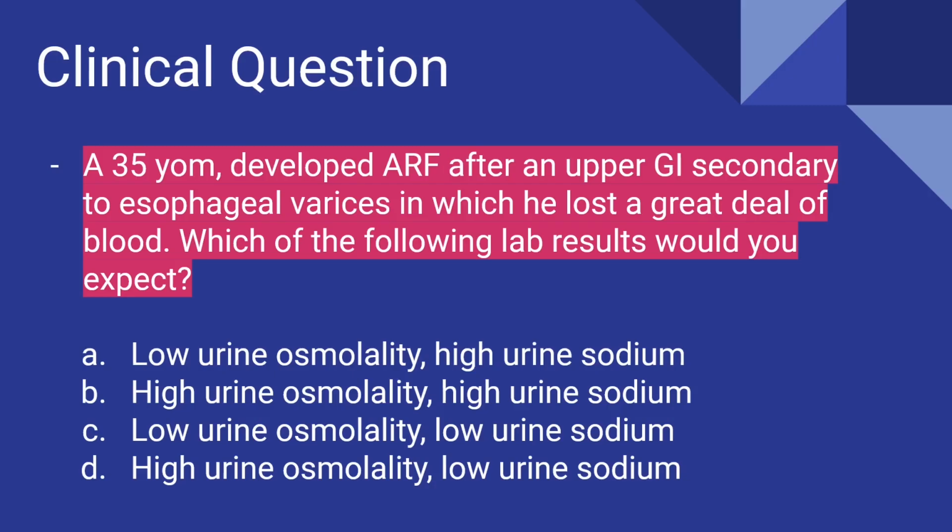Would you expect a low urine osmolarity and high urine sodium? Would you expect a high urine osmolarity with high urine sodium? Low urine osmolarity with low urine sodium, or a high urine osmolarity with low urine sodium?